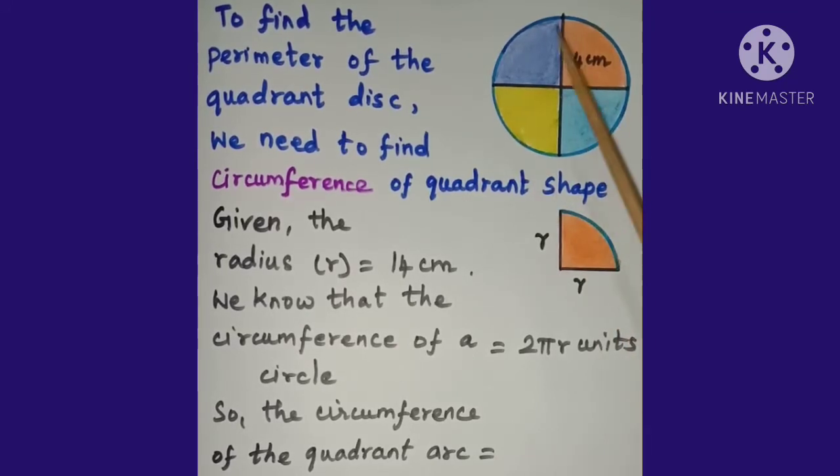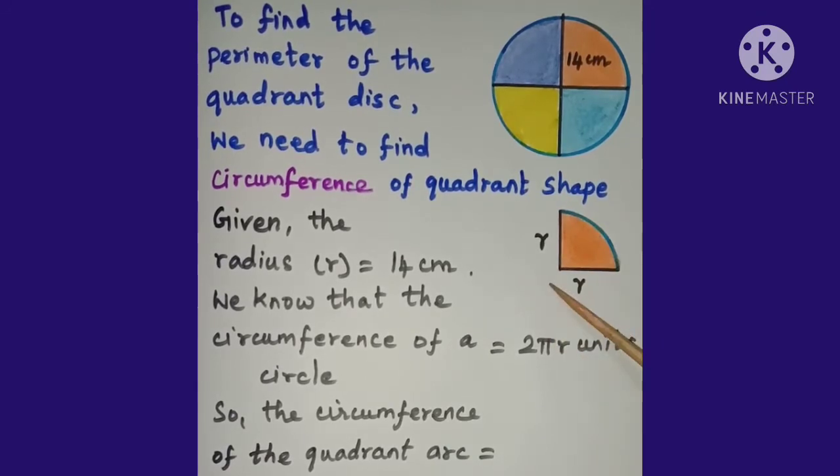And also here we have to find the perimeter of the quadrant shaped disc. So that is one quadrant shape. Let us take one quadrant shape, that is, here is the shape. So here we have to find the perimeter of the quadrant.